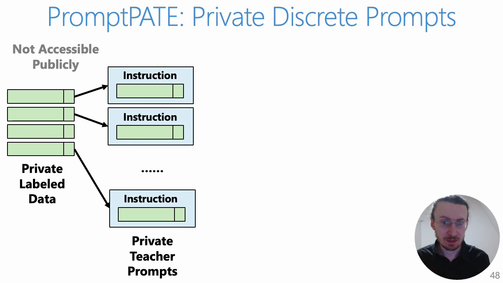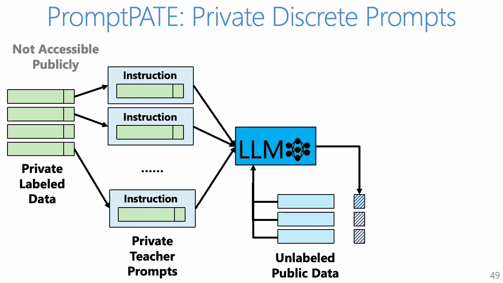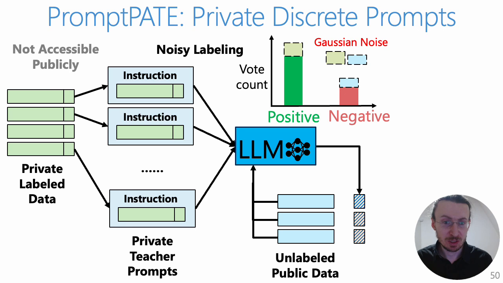The disjoint subsets from the private labeled data are used to create demonstrations for private teacher prompts. Data serves as private shots. And from teacher answers, we construct a histogram. Each teacher has a vote, in this case, whether a movie review is positive or negative.